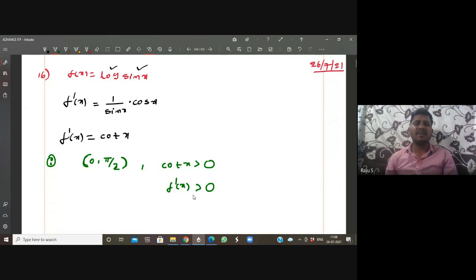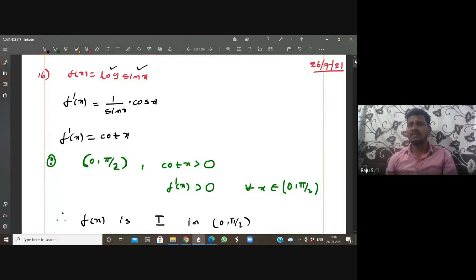So f dash of x is greater than 0 for every x belonging to the open interval 0 to pi by 2. Therefore, what shall we conclude? Therefore, f of x is increasing in 0 to pi by 2. Simple, students. F dash of x is greater than 0, increasing. That we know very well.